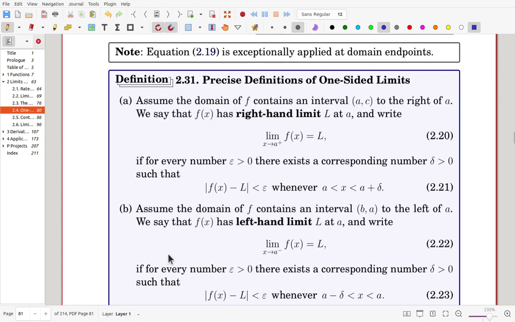Okay, now for one-sided limits, we can define them by using the epsilon-delta argument.